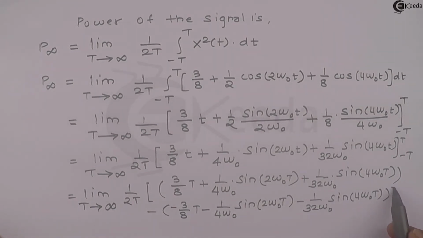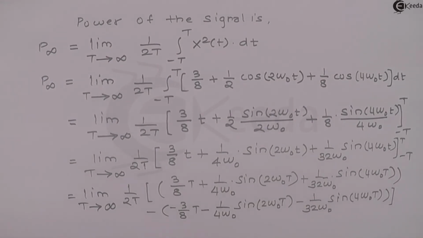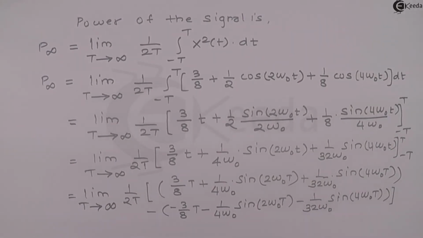These are the terms we will be getting. If I simplify this, I'll see that 2 times this bracket will be the total answer.